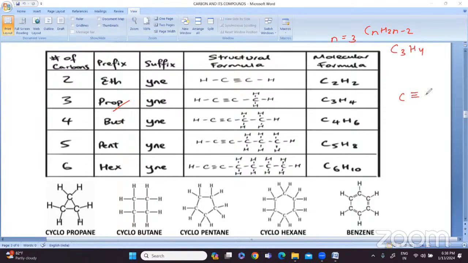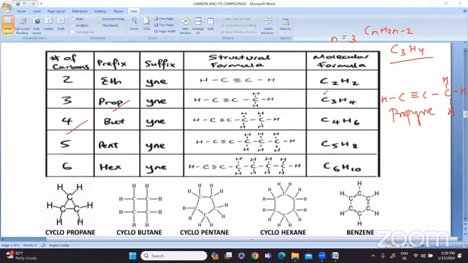Then you have three carbon atoms, with one hydrogen on one end and three hydrogens on the other. So this is what? Prop and YNE, propyne.